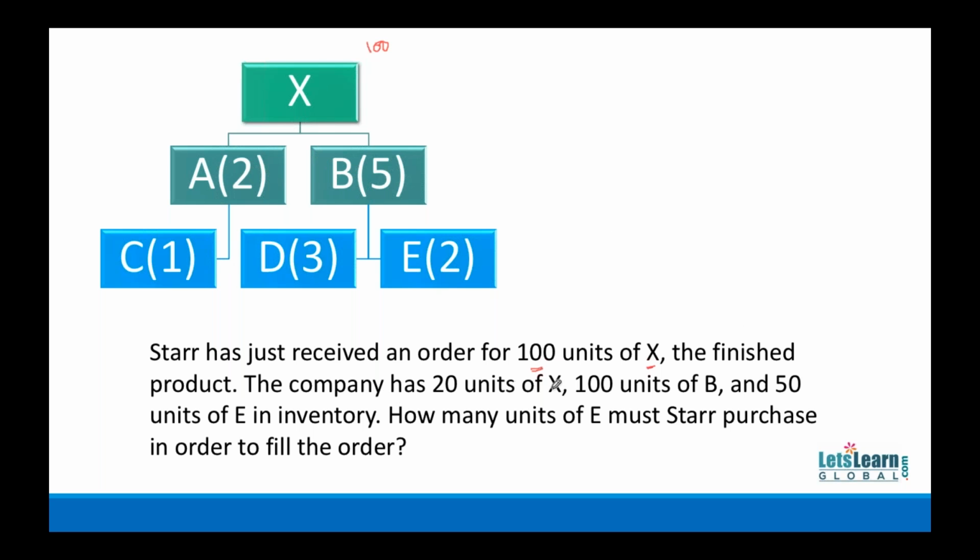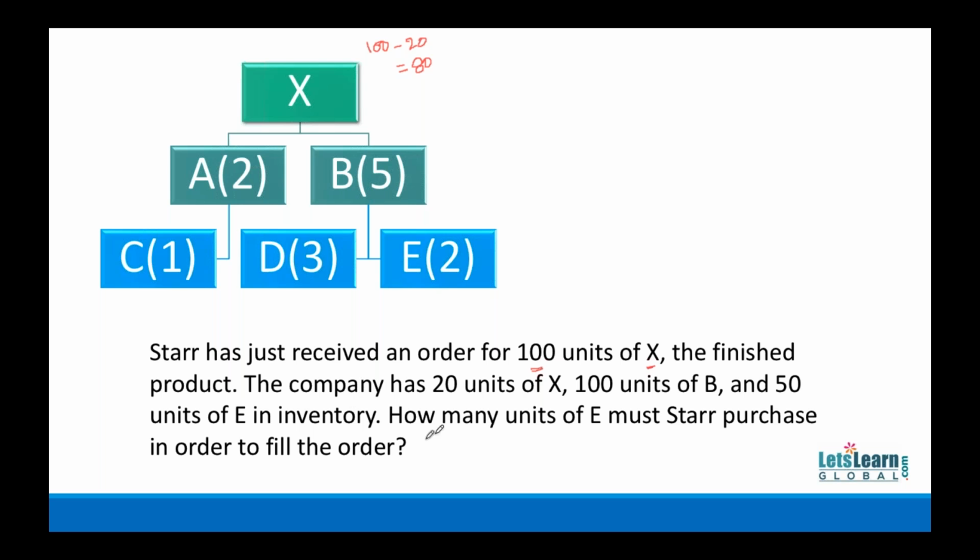The company has 20 units of X already. We checked our balance in the warehouse, in the stores, and we have 20 units already. So we need to produce only 80 units. To produce 80 units, what assemblies or sub-assemblies are to be purchased? 100 units of B and 50 units of E are also there in the inventory.